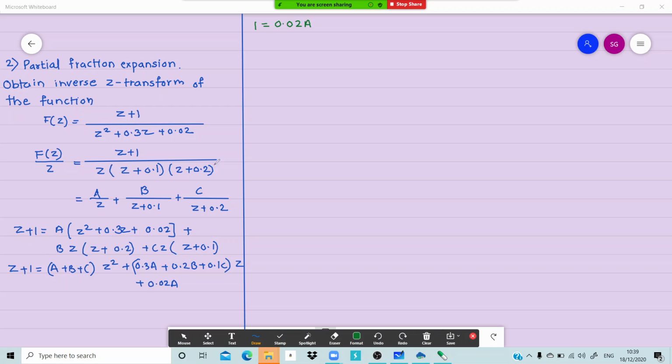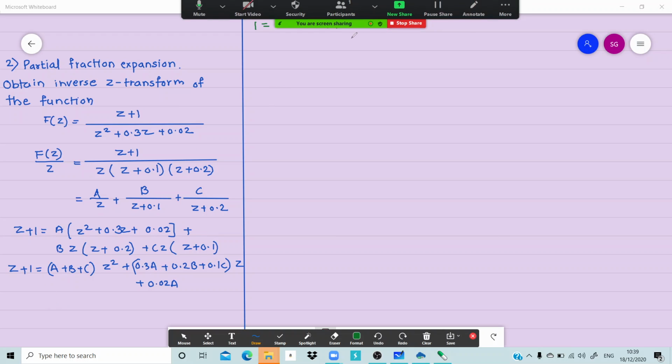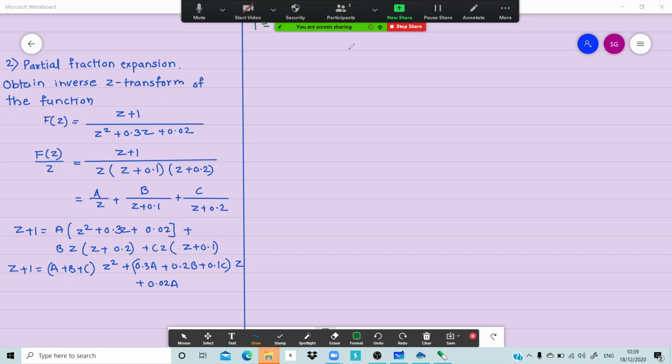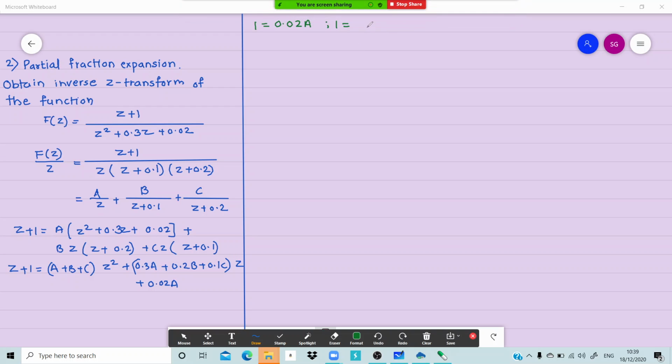Then for z, the coefficient is again 1. 1 is equal to 0.3a plus 0.2b plus 0.1c. And one more thing, a plus b plus c is equal to 0.